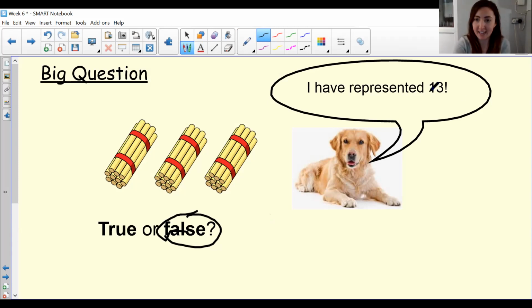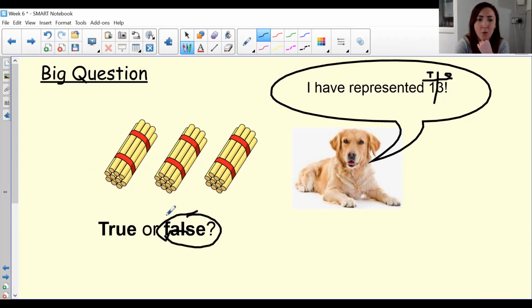Okay, so hopefully you've had a look at the number 13 and you know that in 13, how many tens are there? Can we split it into tens and ones? That's right, there's 1 ten in 13 and then 3 ones.